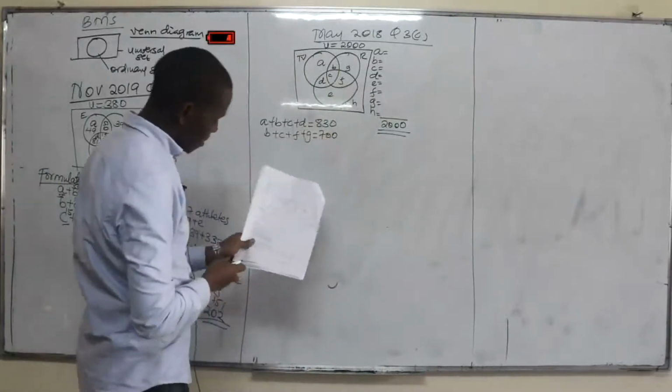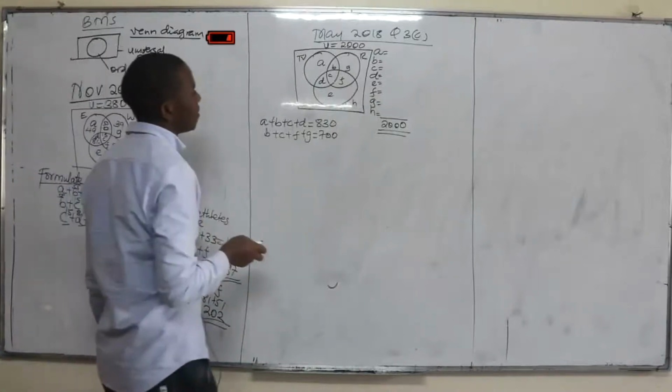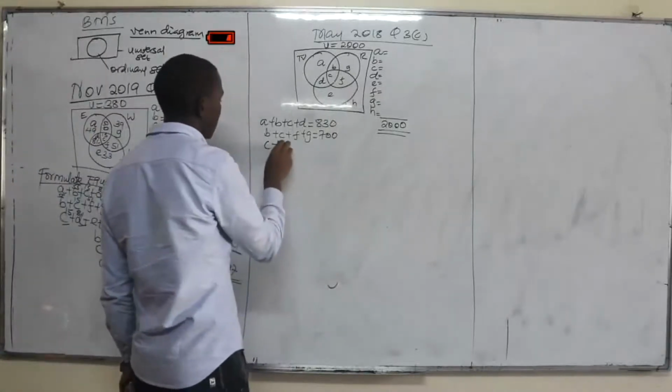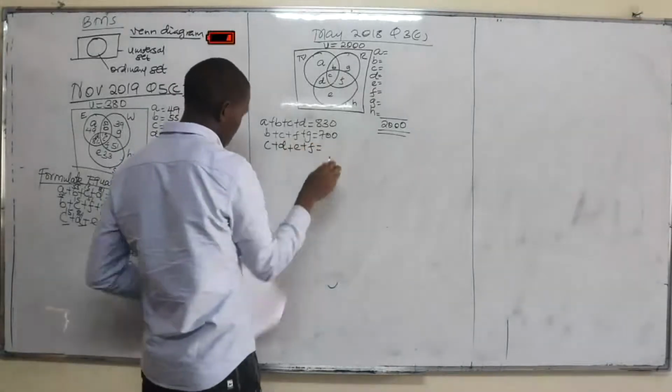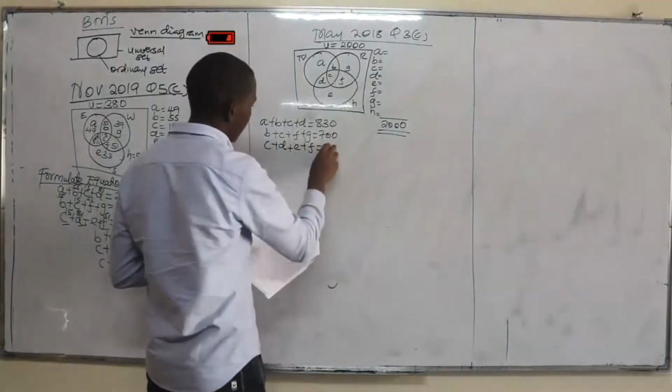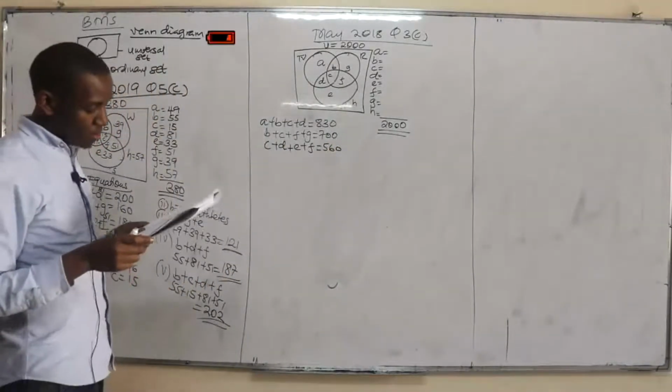Other one is 560 newspaper. So newspaper is C plus D plus E plus F, which in that case is 560.